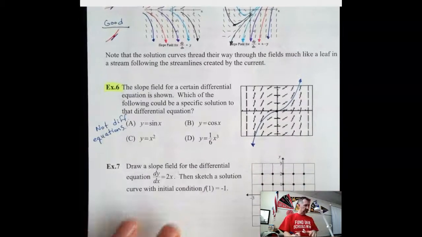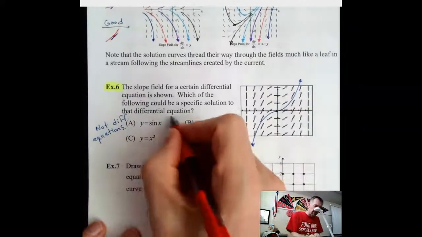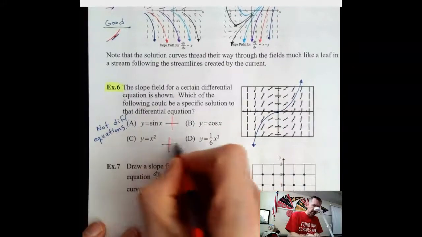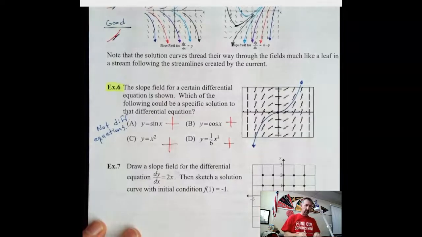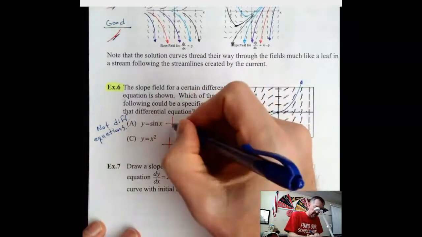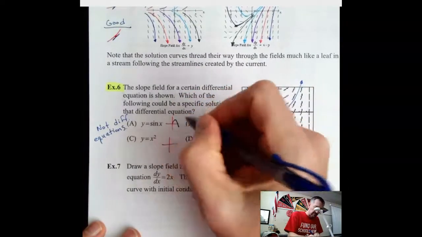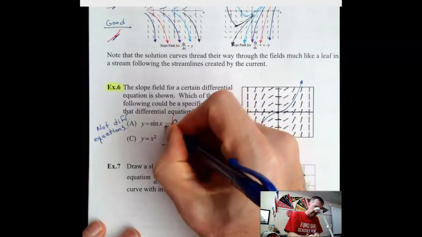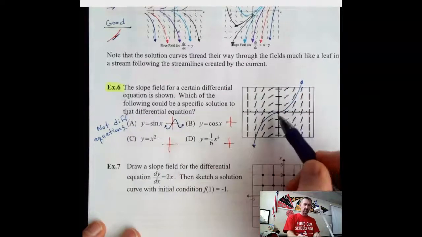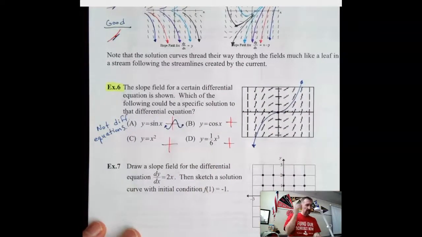Okay. So if we think about it, which one of these equations matches that graph? So we can put some graphs on here and see which one looks like it might be that. So sine starts at 0, goes like that, back and forth, like this. So starts, no, not really.